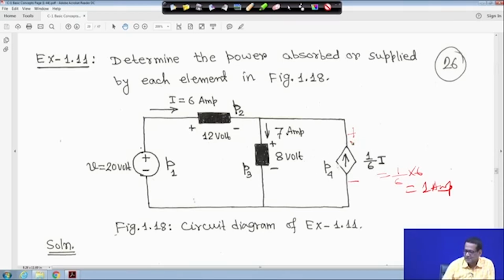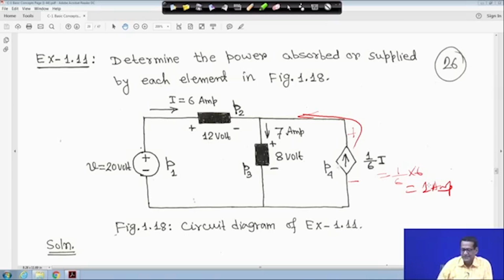So this current is upward, meaning this 1 ampere current is flowing like this. That means current is actually leaving the plus terminal. As soon as it is leaving, it means power is supplied, right. Whenever current leaves the plus terminal, it is power supplied. So this sign will be negative, and the current here is 1 ampere.